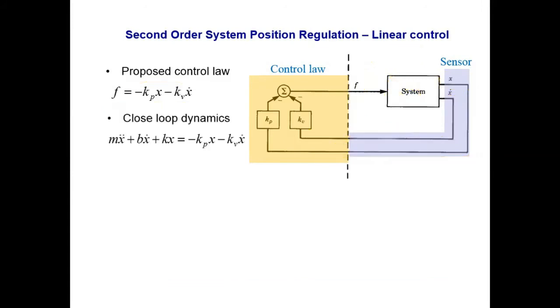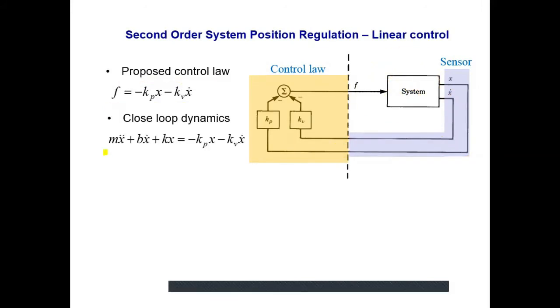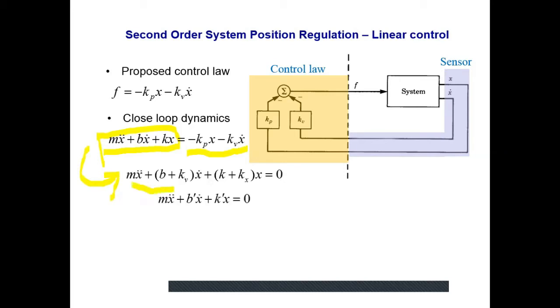The closed loop dynamics will take this form. The equation of motion equals the externally applied force, that is equal to minus Kp x minus Kv x dot. After a simple rearrangement, we can get this expression. This equation actually represents an equivalent spring mass damper system having mass m, damping B dash, and stiffness K dash.